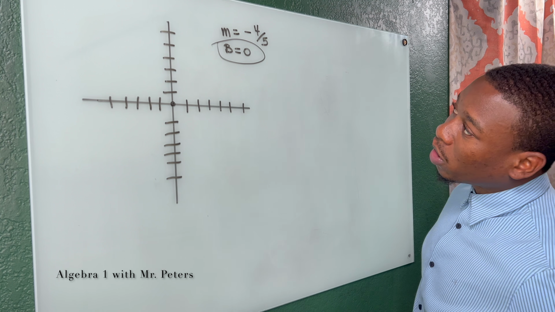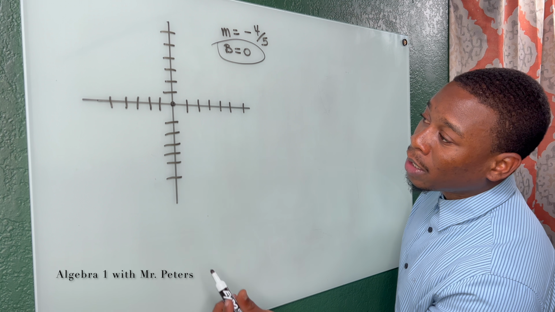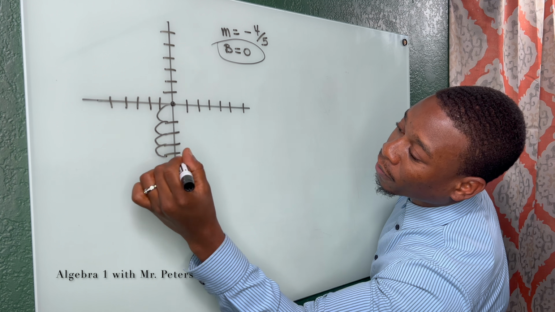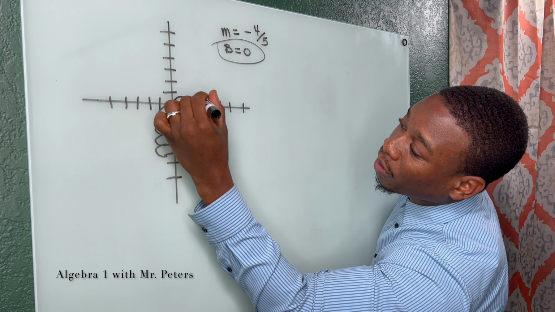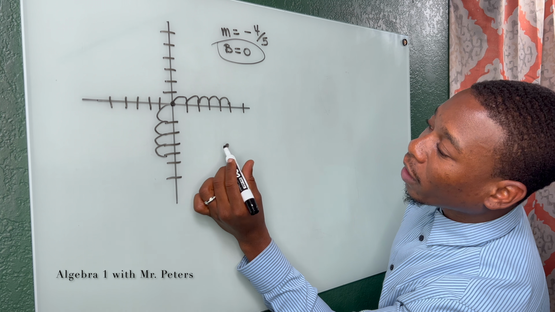So now we use our slope and it's telling me, hey, you're going to go down 4/5. So let's say I went down, right? So 1, 2, 3, 4, and then I go over 5. Let's do it this way. 1, 2, 3, 4, 5. So my point should be somewhere right here.